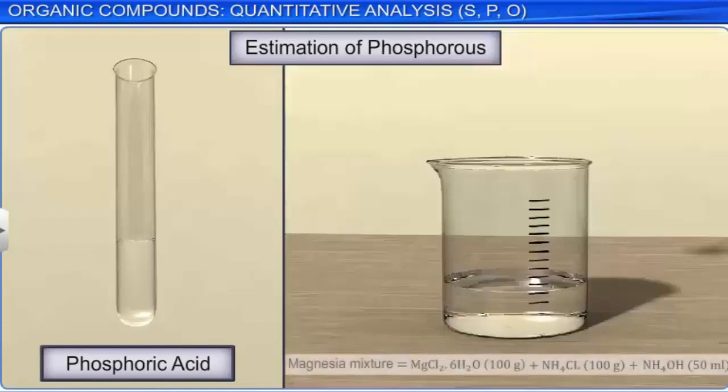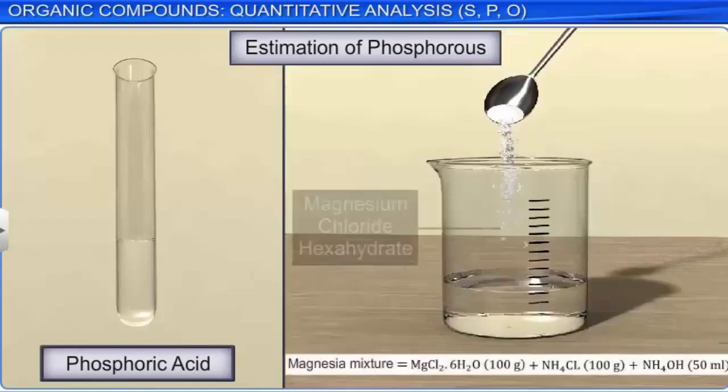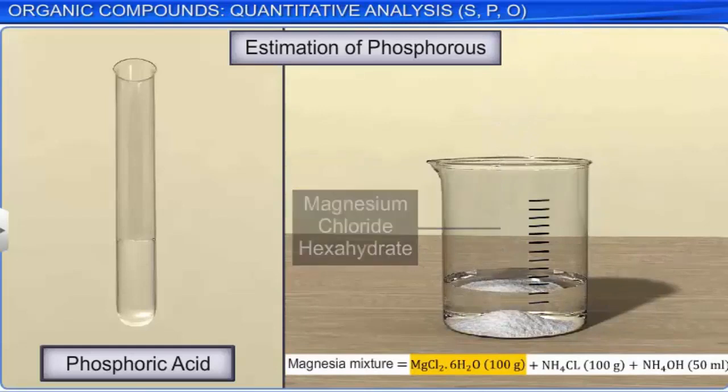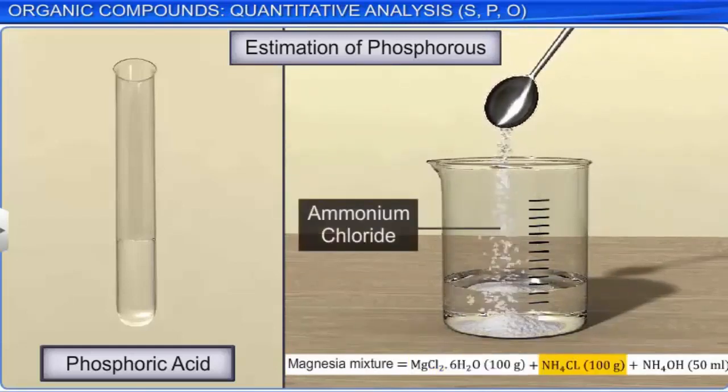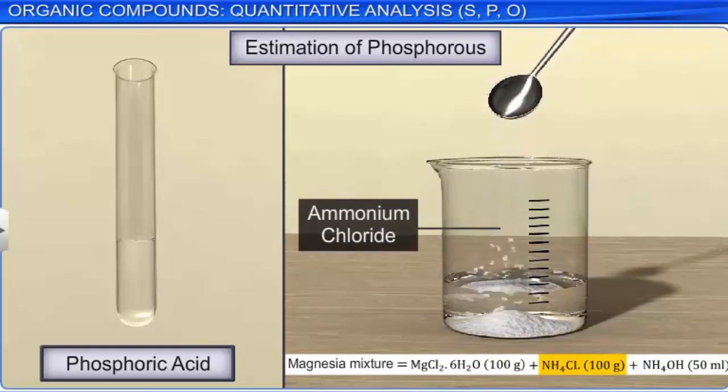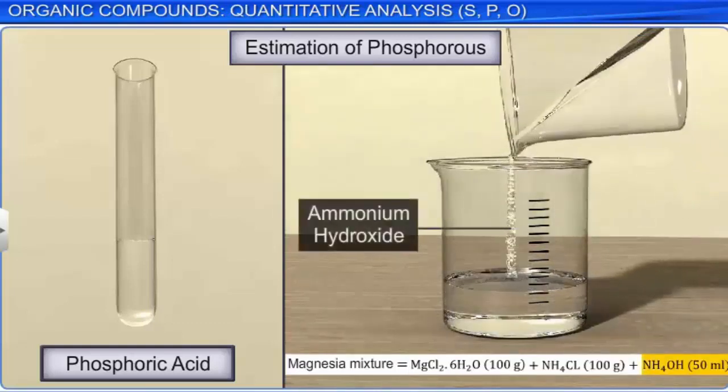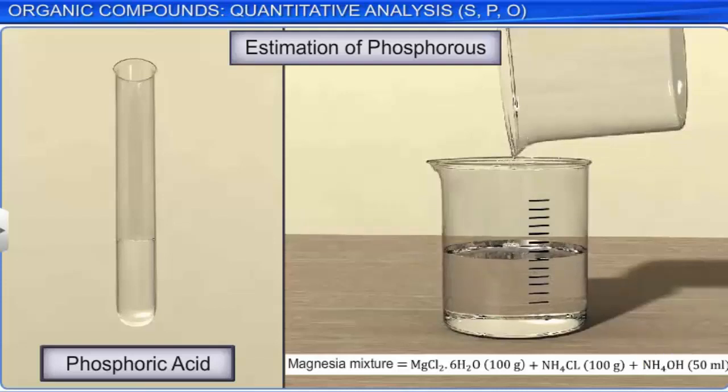Magnesia mixture is obtained by dissolving 100 grams of magnesium chloride hexahydrate and 100 grams of ammonium chloride in water. To this, 50 ml of ammonium hydroxide is added and the solution is diluted to 1000 ml.